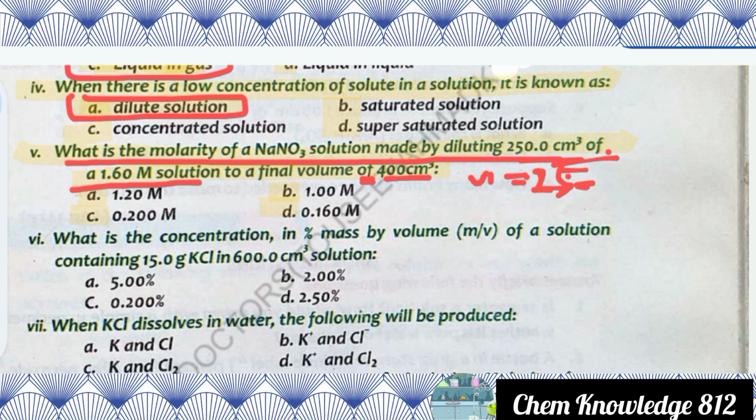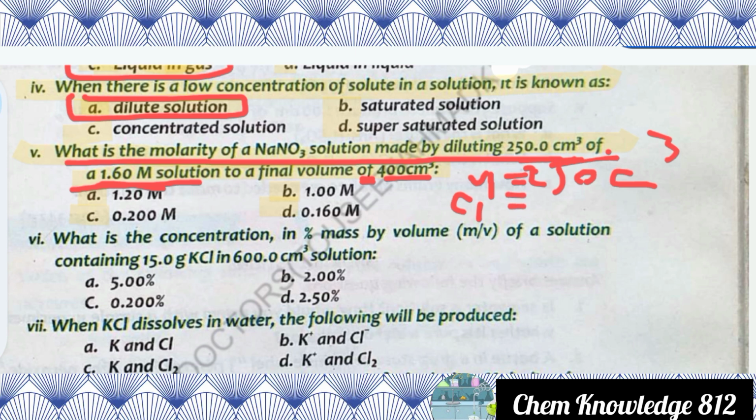So 250 cubic centimeter will be V1, and 1.6 molar is the initial concentration.